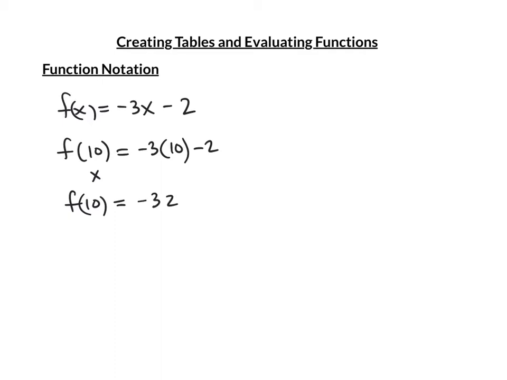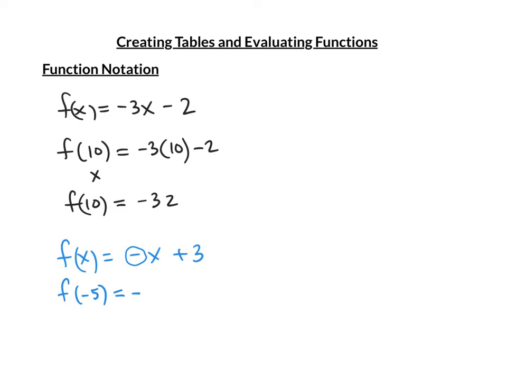Here's another equation. F of x equals the opposite of x plus 3. Let's find f of negative 5. F of negative 5 is, now careful, this is separate from whatever x is.